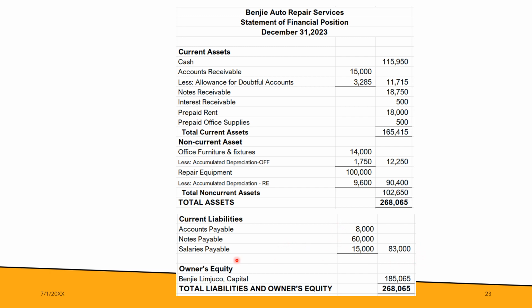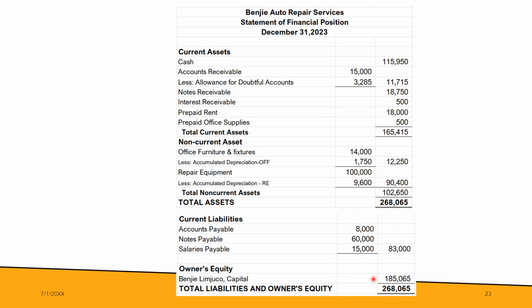And then we go directly to the owner's equity, and we only have one item, which is Benji Limhoco Capital. The amount that will be reflected in your owner's equity is the ending balance of your capital account, which you computed in the statement of changes in equity. The ending balance that was reflected in the statement of changes in equity is the amount that you should reflect in the statement of financial position.